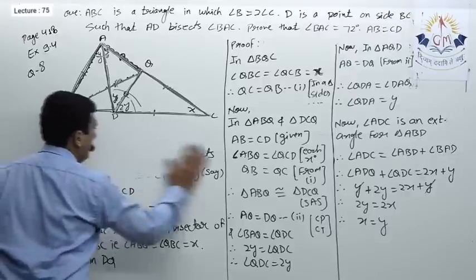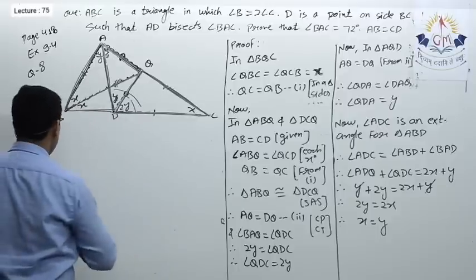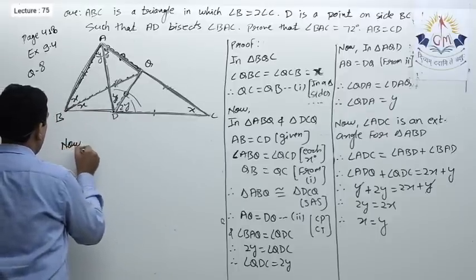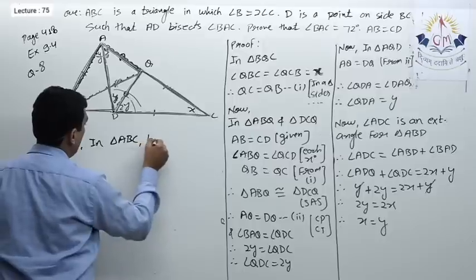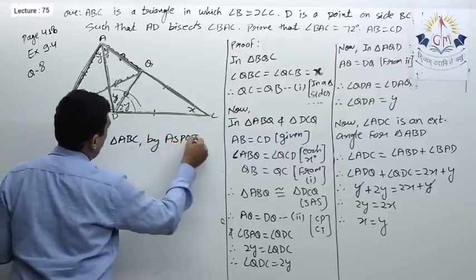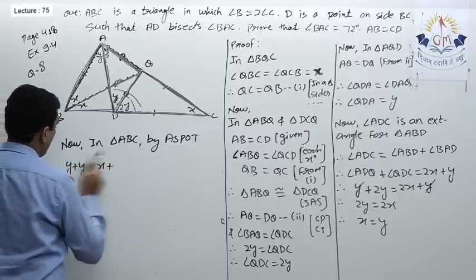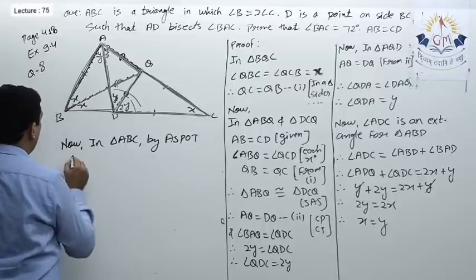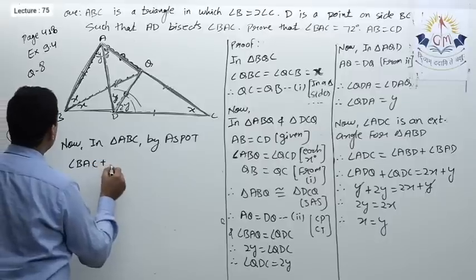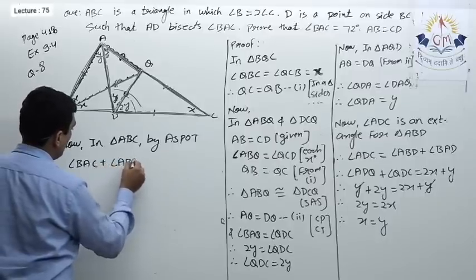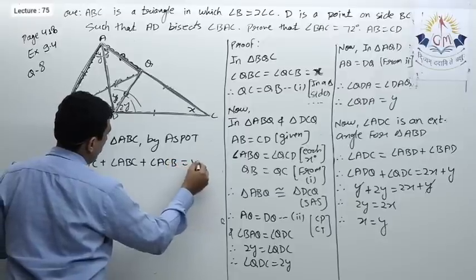Okay, so let us see the remaining portion. Now in triangle ABC, by angle sum property of triangle, angle BAC plus angle ABC plus angle ACB is equal to 180.